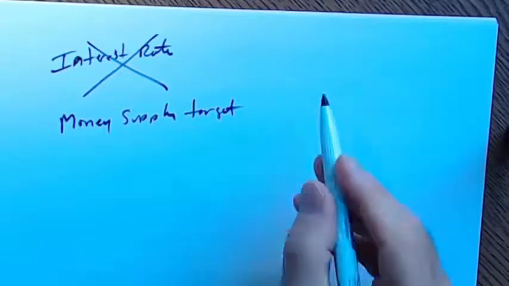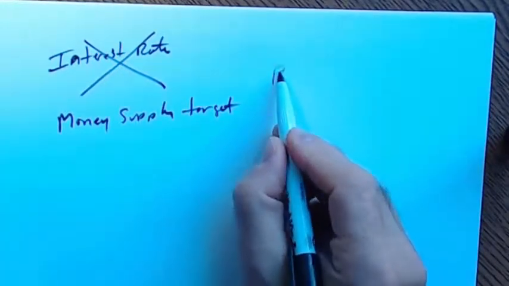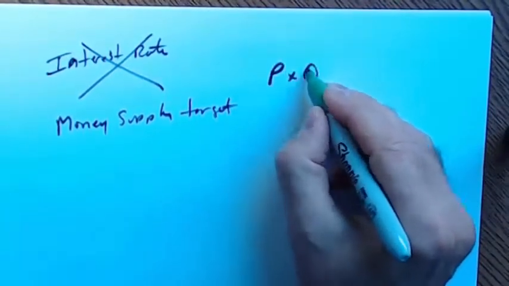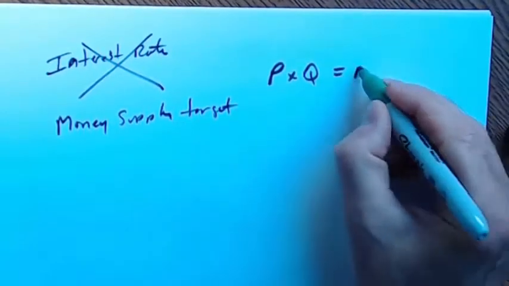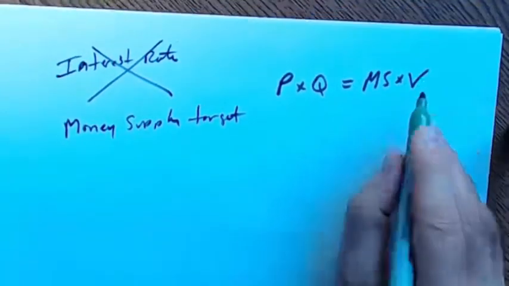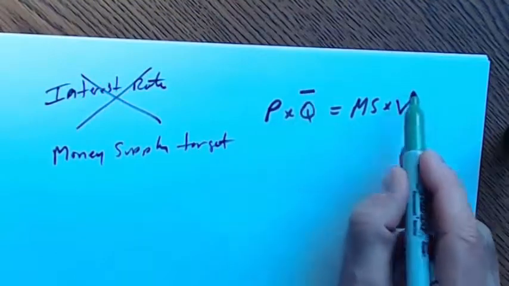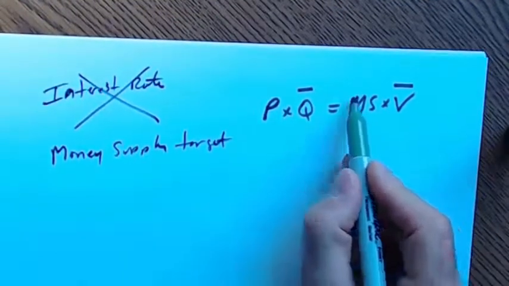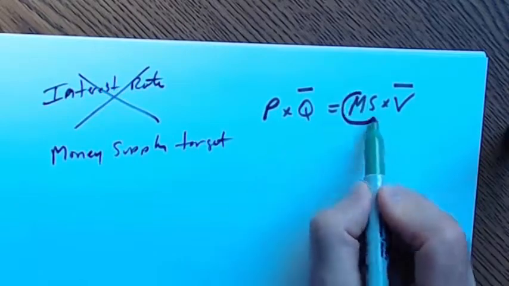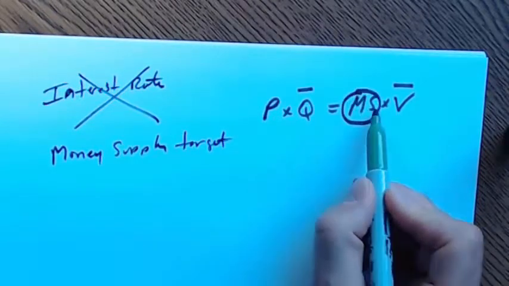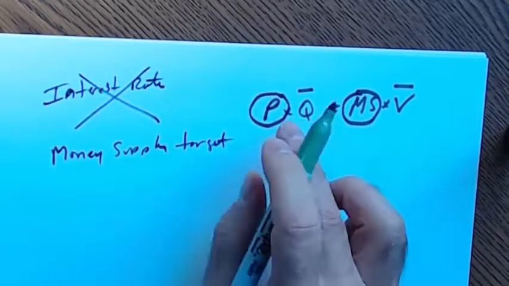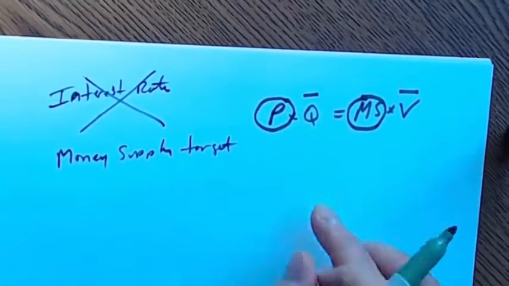So we have P times Q, this money equation, money supply times velocity. If we think of quantity being fixed, velocity being relatively fixed, then if he can control changes in the money supply by watching that, he could control changes in prices.